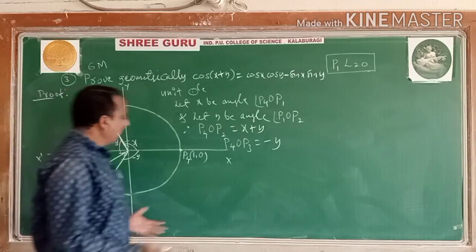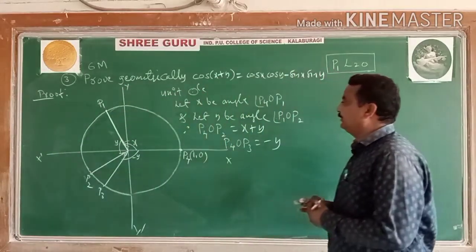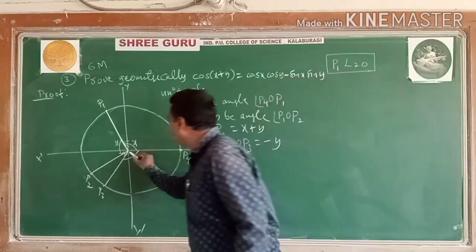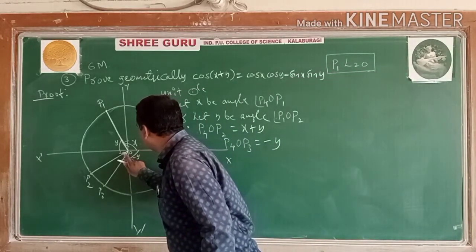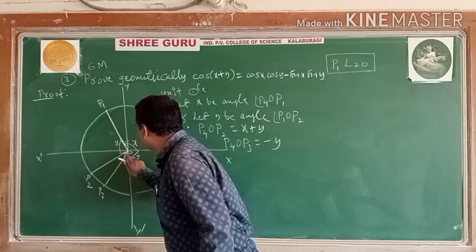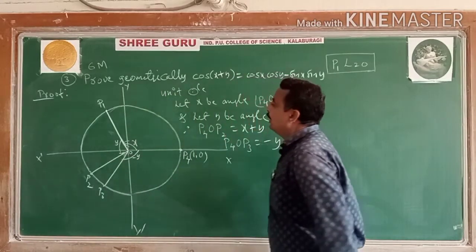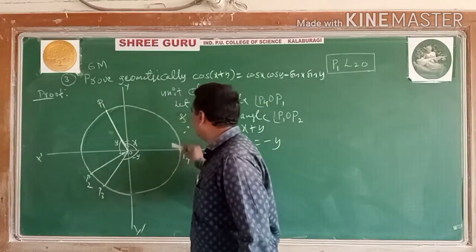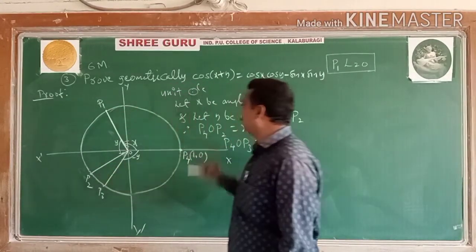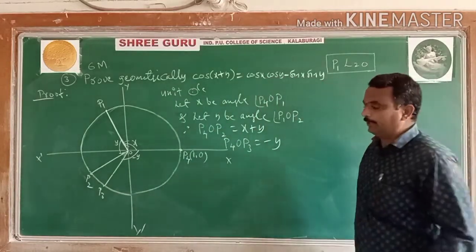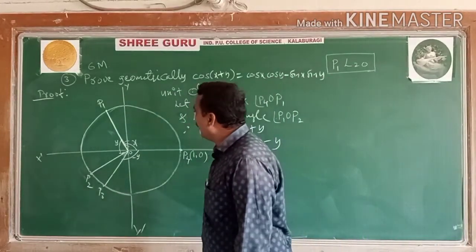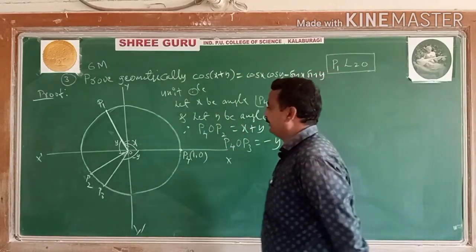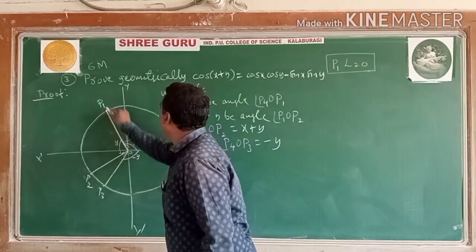See, students, I have considered a unit circle with the center at origin O, and I have taken the four points P1, P2, P3 and P4 on it.